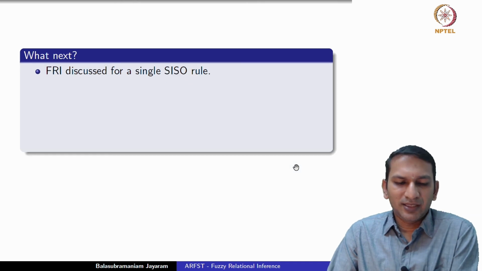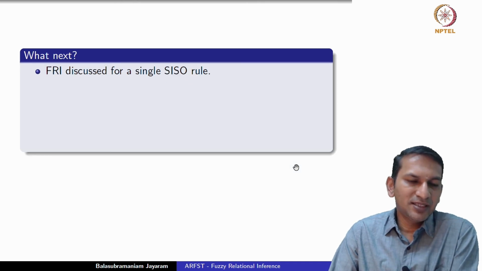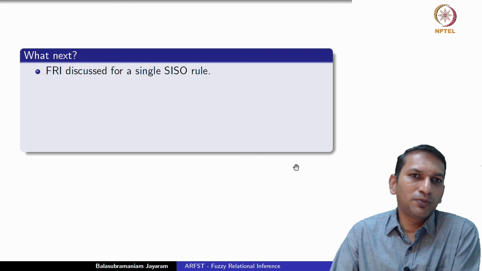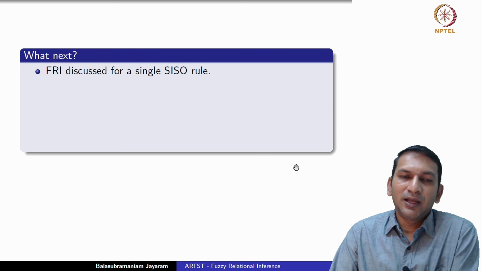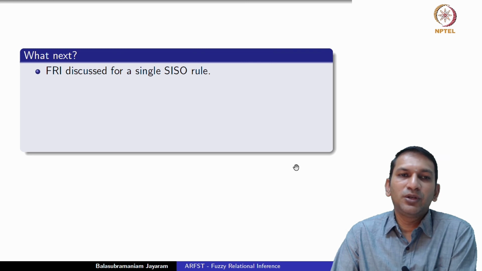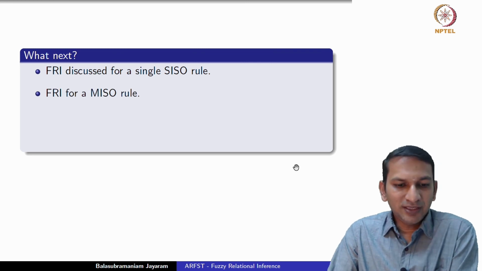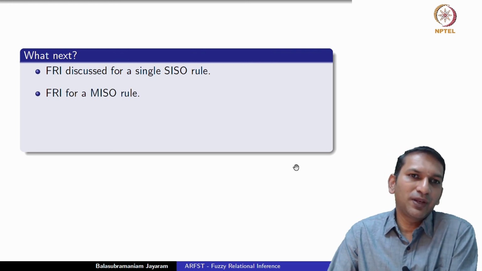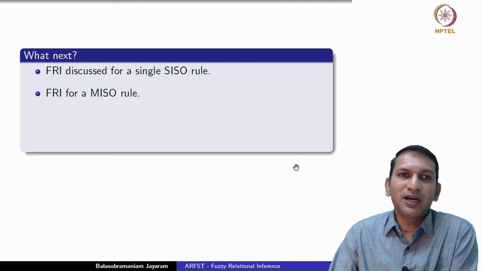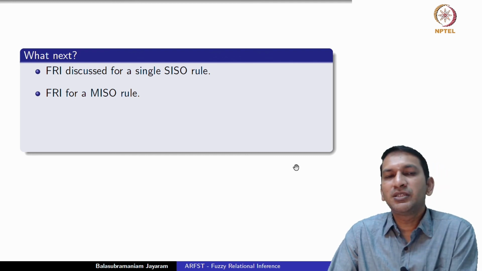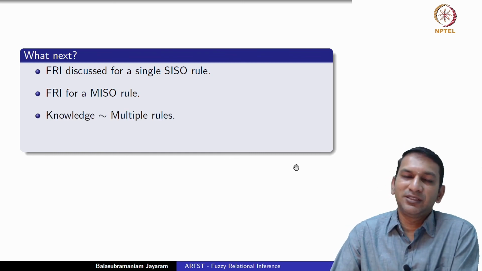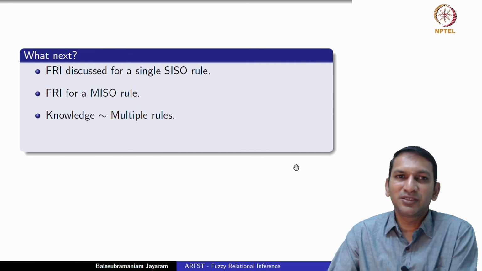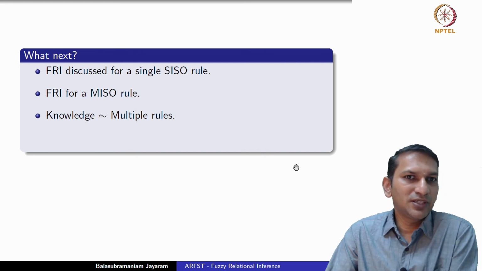Now, what next? As you will see in this lecture, we have only discussed obtaining outputs using fuzzy relational inference, but with a single rule, and that too a single input, single output rule. So the next step is to discuss how you obtain an output if you are given a multiple input, single output rule. Of course, we know that knowledge cannot be encoded in just a single rule. We need multiple rules to present the different scenarios.